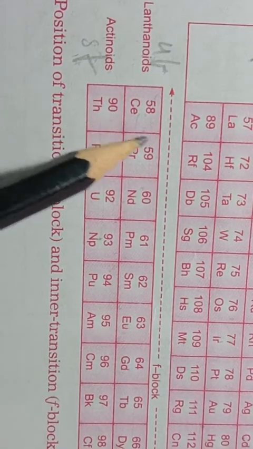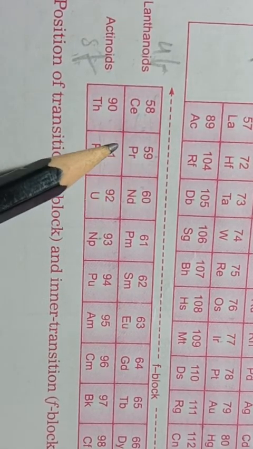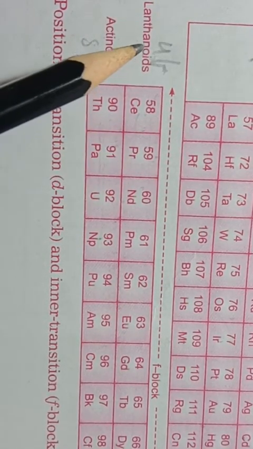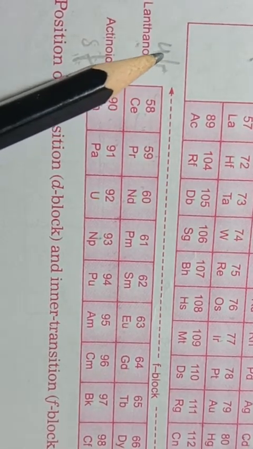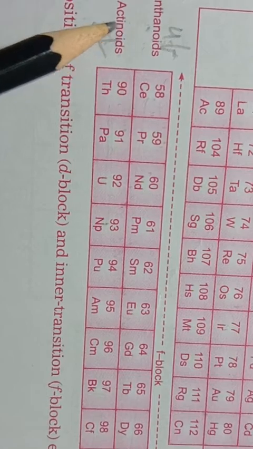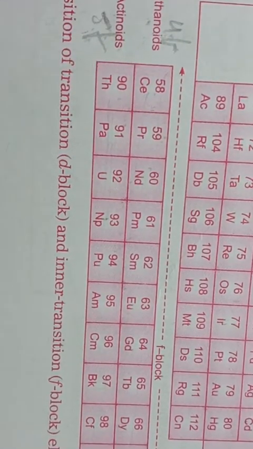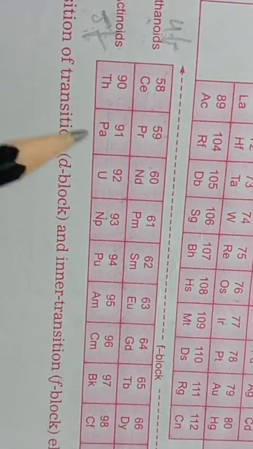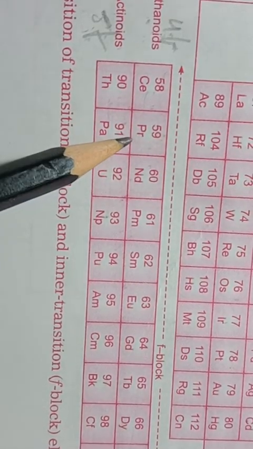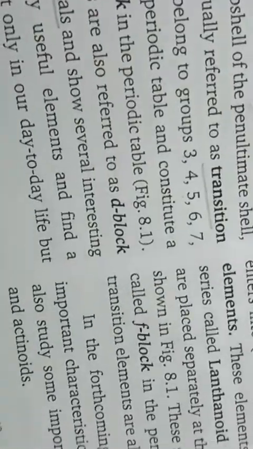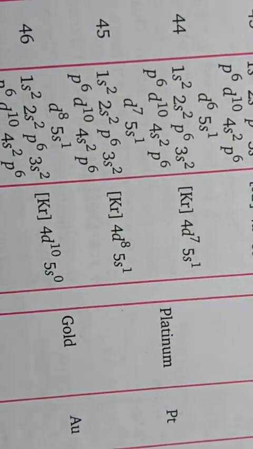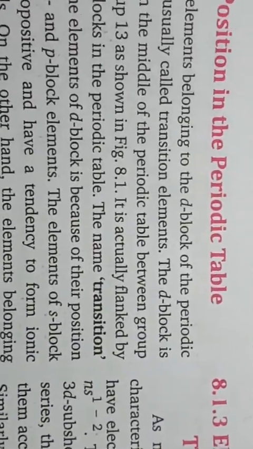So these F block elements are also known as inner transition elements, and these are divided in two series: lanthanoid series or 4F series and actinoid series or 5F series. So both the series are having 14 elements each. Okay students, now we will start our discussion with D block elements or transition elements.